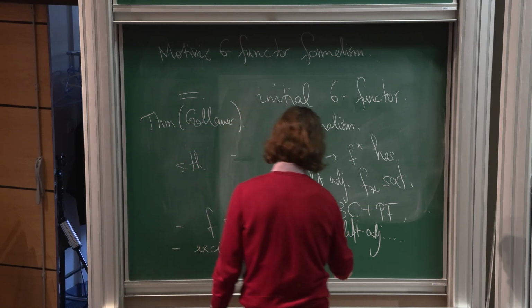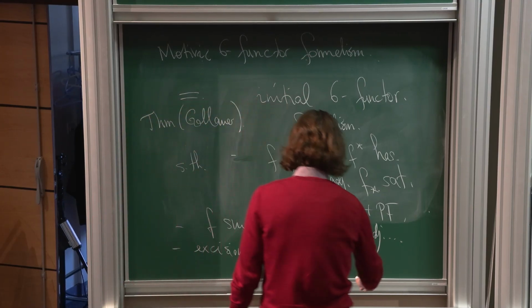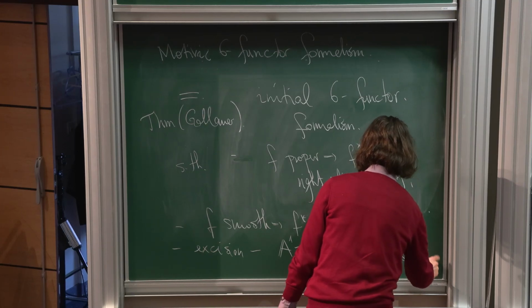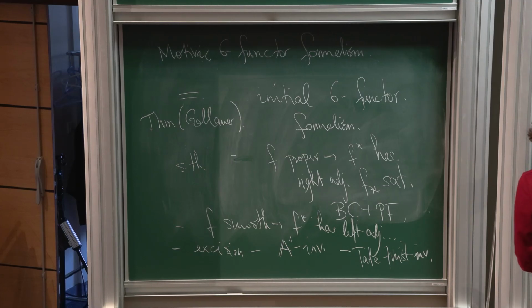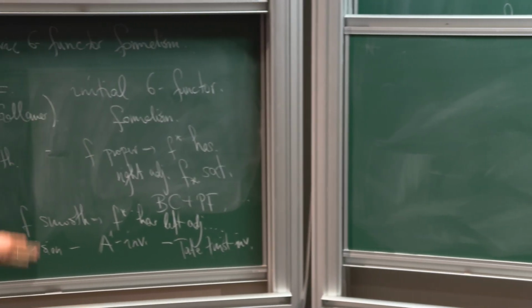These are all conditions, A1 invariance, and you might also ask that the Tate twist is invertible. And I hope I didn't forget some important condition. And now you can run this machine and build some symmetric monoidal infinity 2 category.